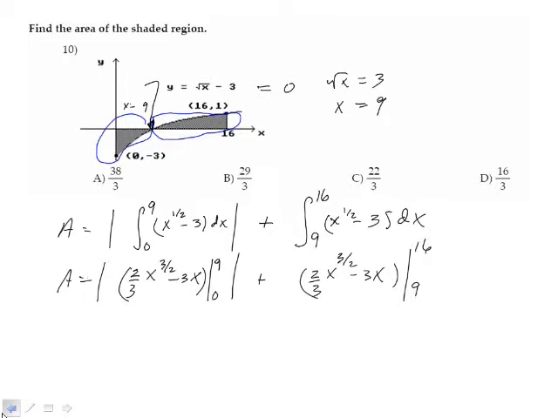So plugging in, we get the area is equal to the absolute value of 18 minus 27.